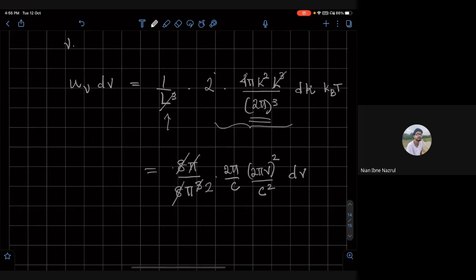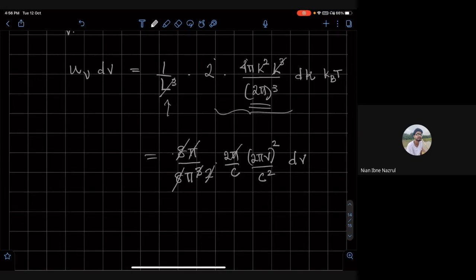So we get this thing, and then this pi will cancel one of these. We have 4 here and 2 here, so we get 8. And there's a pi squared here and the pi in the denominator, so we get 8 pi.